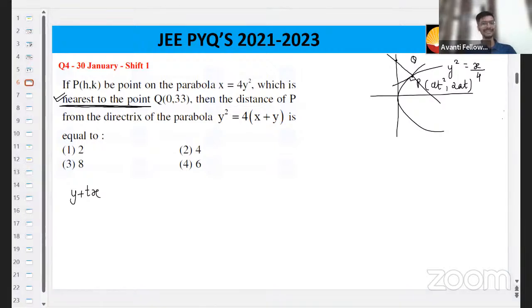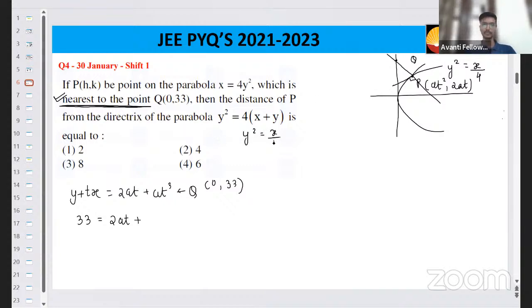Y plus tx equals 2at plus at cube. So this normal passes through point Q, which is 0, comma 33. So it must satisfy. So it will be 33 is equal to 2at plus at cube. What is a, guys? The parabola is y square is equal to x by 4. So 4a is equal to 1 by 4.